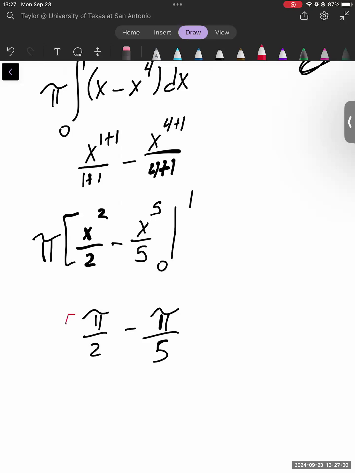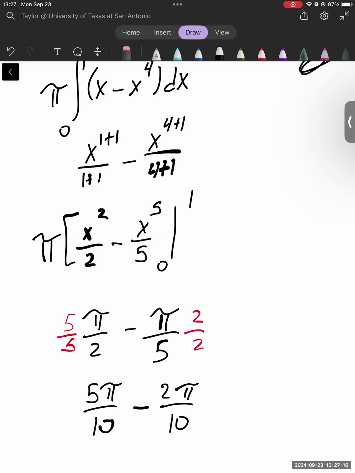I'm going to find a common denominator. This would give me 5 pi over 10 minus 2 pi over 10, which is very nice. We get 3 pi over 10. Very nice.